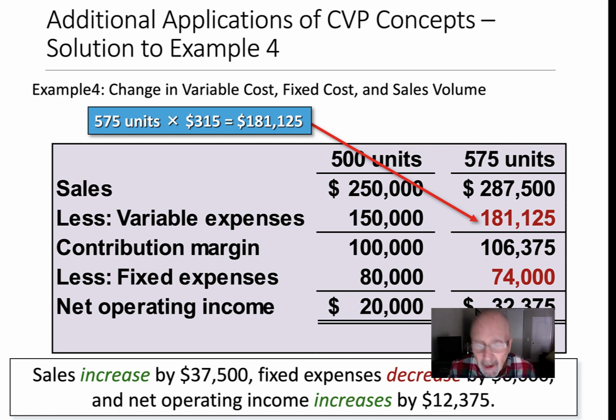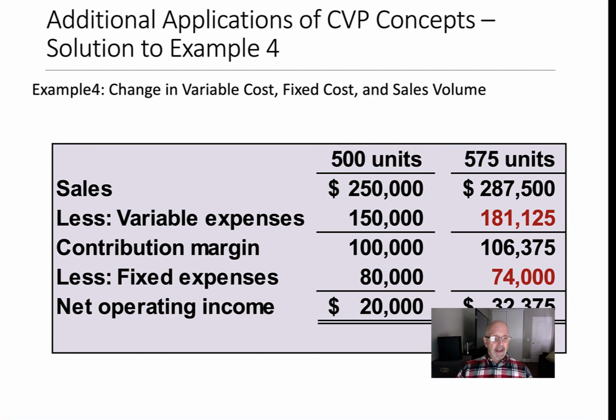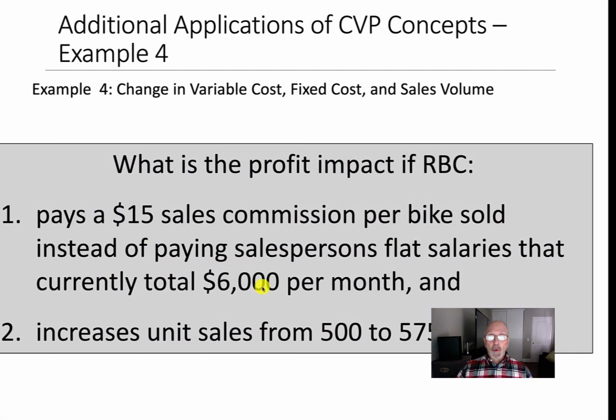However, as I always tell my classes, remember what this does. The assumption here, and this is more from an operational rather than an accounting perspective, is that your salespeople are willing to get rid of their salary and go straight commission. And that's sometimes hard to do.